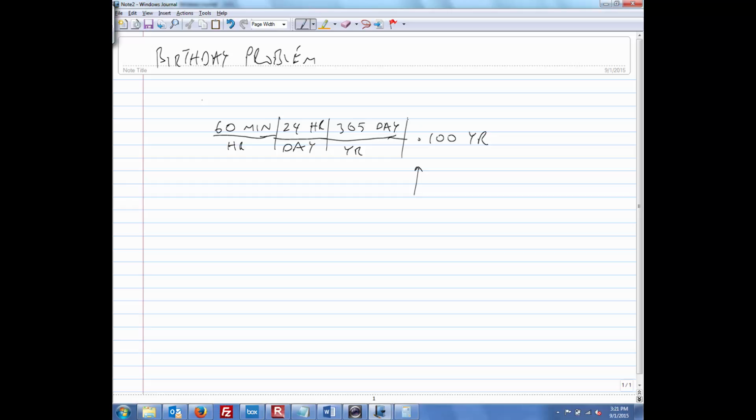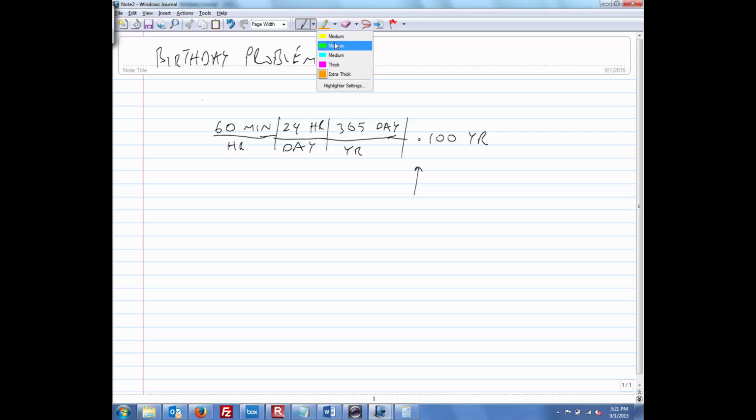And sometimes I don't even use the dot. All of this stuff on the left, there's no multiplication symbol. It's just implied that everything on the top is multiplied together, everything on the bottom is multiplied together, and everything on the bottom is divided into everything on the top. This is the simplest way I've found to arrive at a solution.